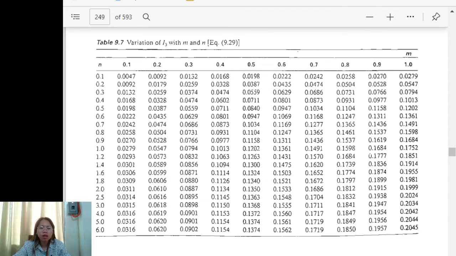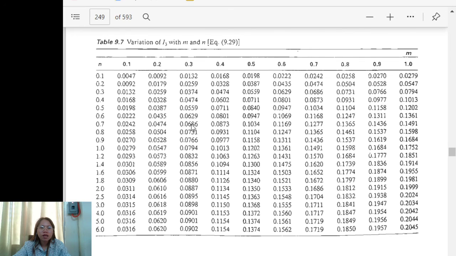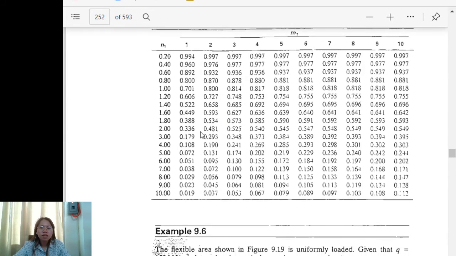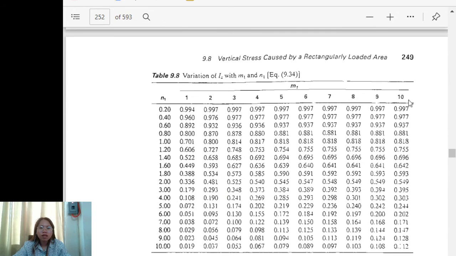Let's see if that is correct. Remember, here in 9.8, this is your M1 and this is your N1.